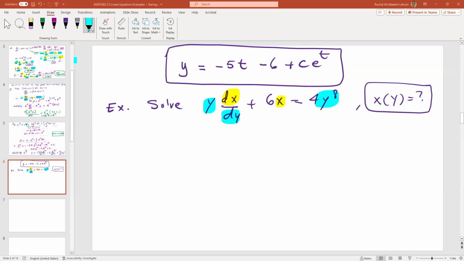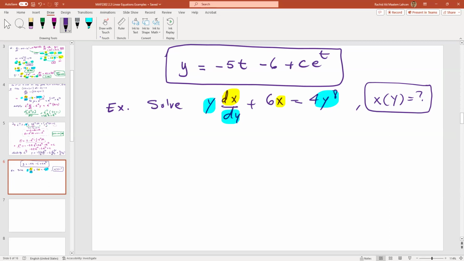You can switch it to whatever you want, and at the end replace, just like we do with u-substitution. Then say this variable I called this, and this variable I called this, and when you get your solution, you put it back. It doesn't matter. What matters here is that x is dependent and y is independent, right? So the solution is to be written this way.